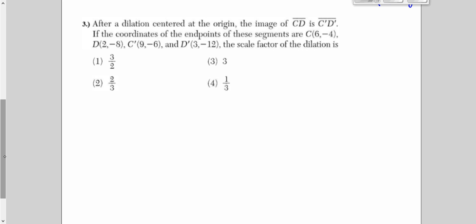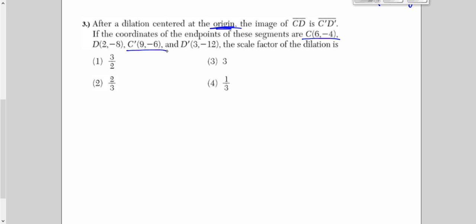Okay, so you work with C and C prime. What new and what old did you use? So it's centered at the origin, so that makes it kind of simple, right? Okay, so go ahead. I use their x and y values. And tell me exactly what you did with them.